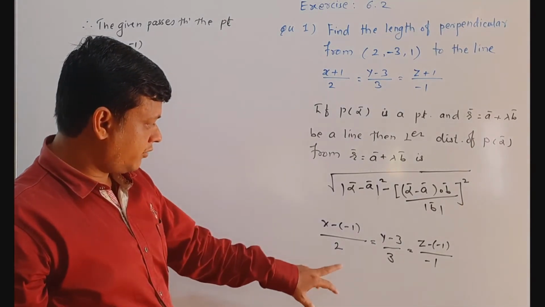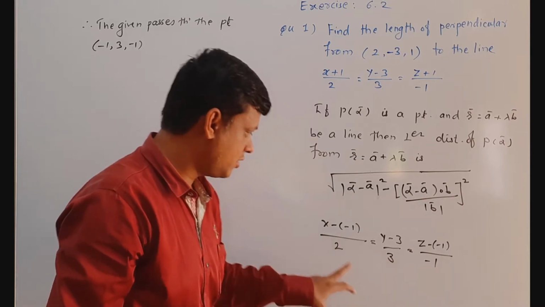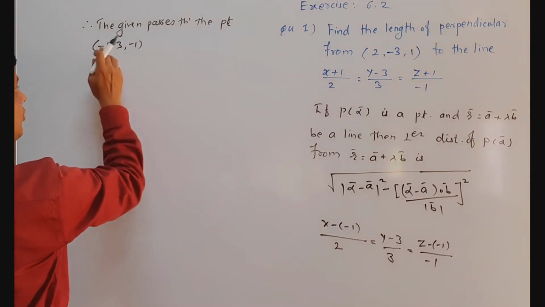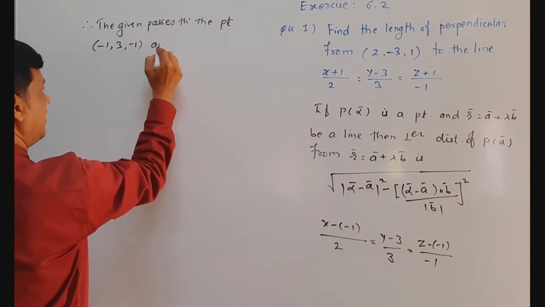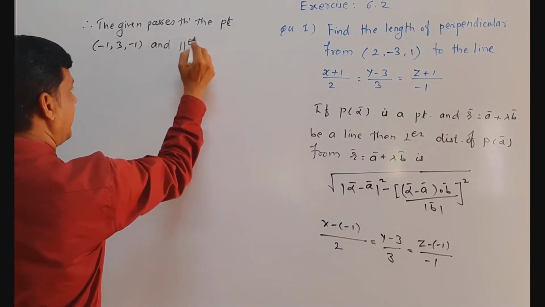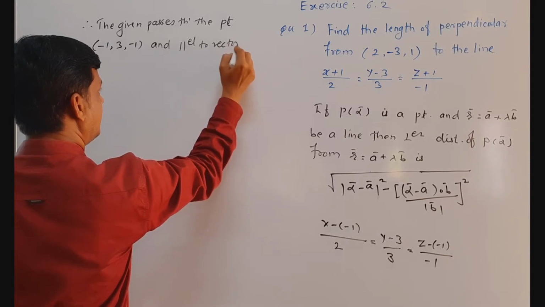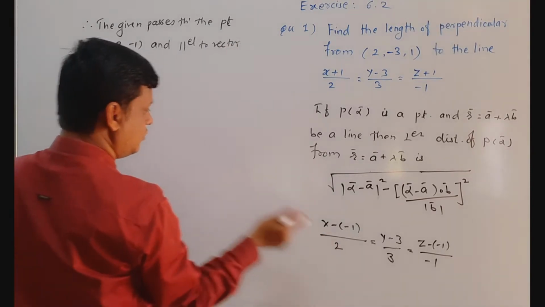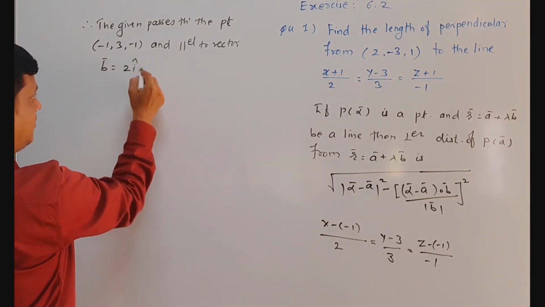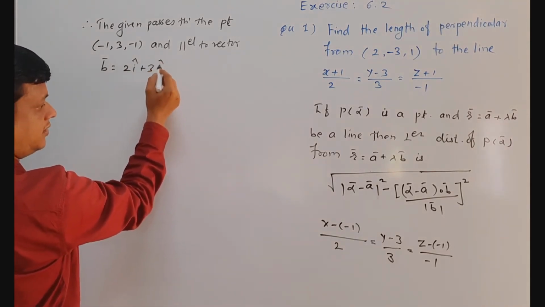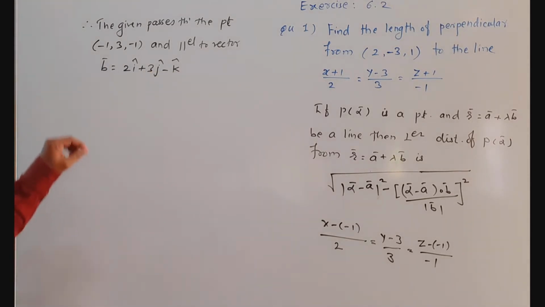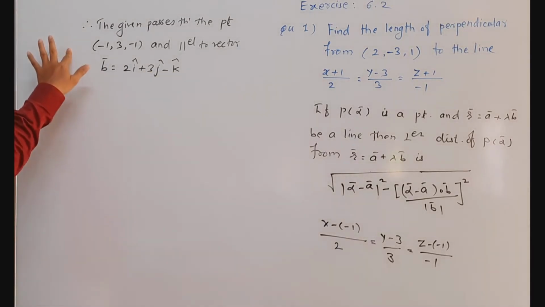So parallel vector we can find from this direction ratio 2, 3, minus 1. Given line passes through the point minus 1, 3, minus 1 and is parallel to vector, suppose b bar equals 2i plus 3j minus k. So we first find from which point that line passed.